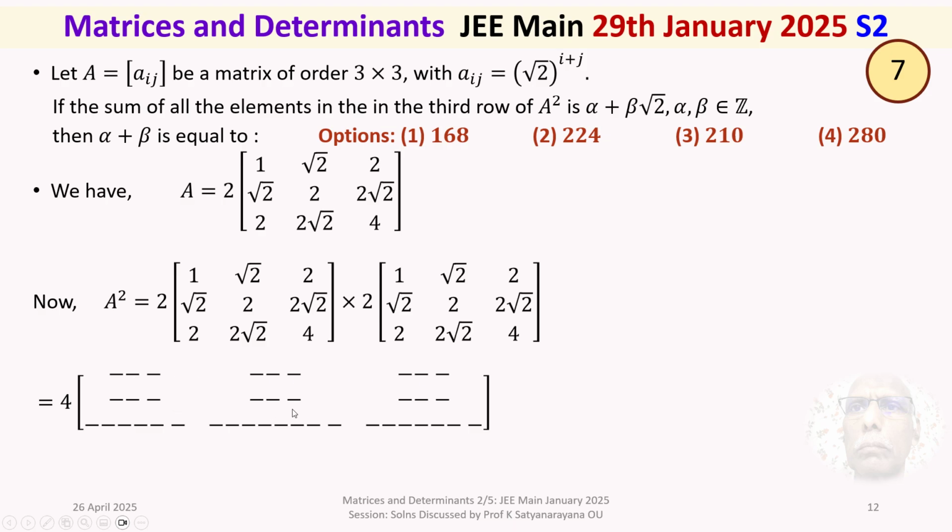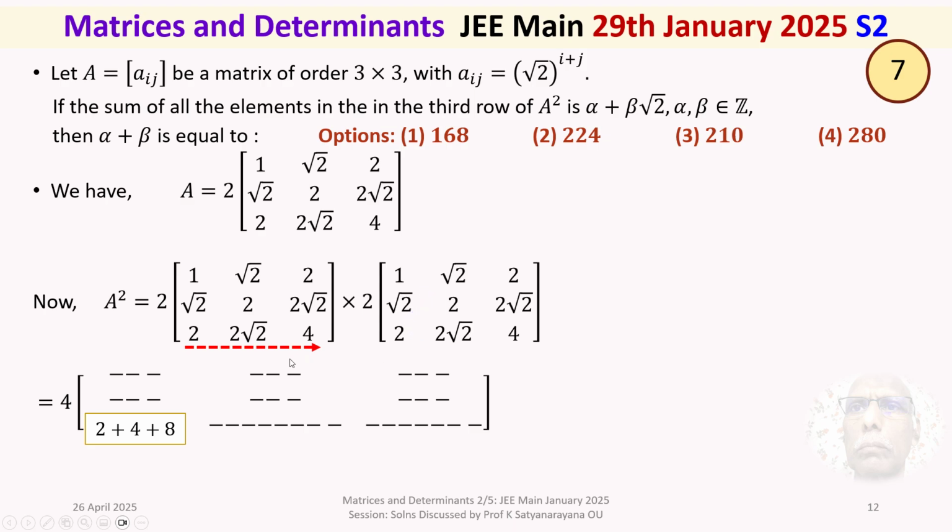We compute only the entries that are in the third row and then sum it up. Right. So 3 1 element. Take the third row, multiply with the first column, and that will be 2 plus 4 plus 8.